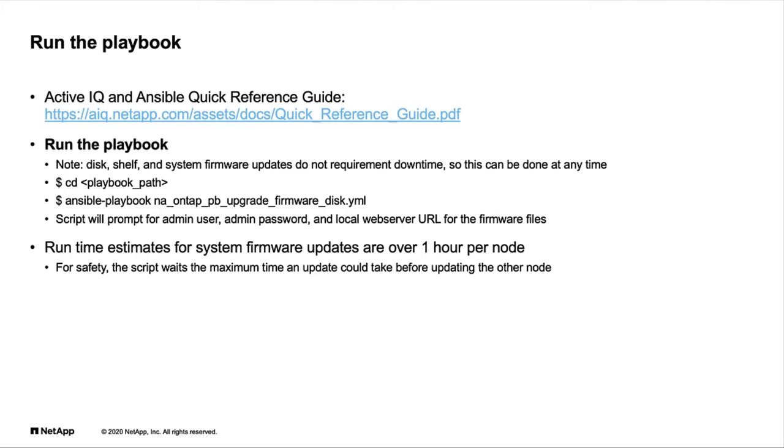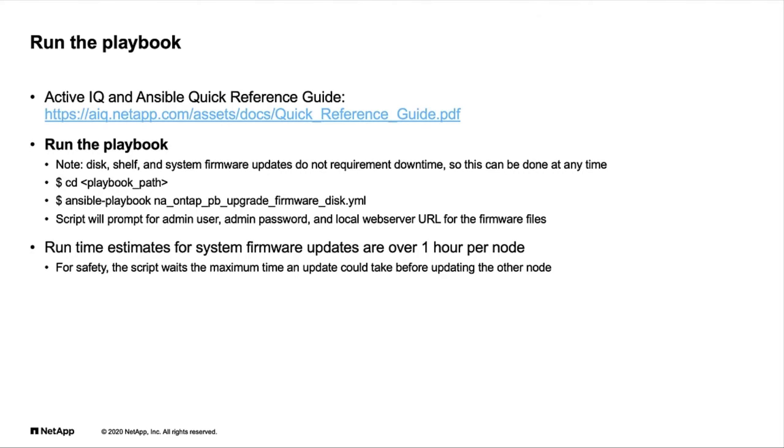Running the firmware updates is as easy as going into the directory with the playbook and running ansible-playbook and then the playbook name. The script will prompt for an admin user, an admin password, and the URL to the firmware files. No downtime is needed for firmware updates in ONTAP.